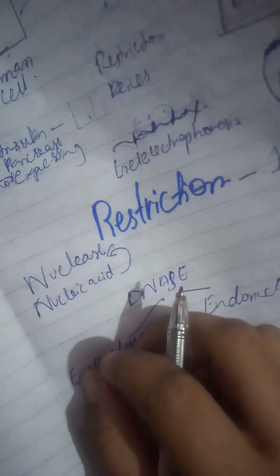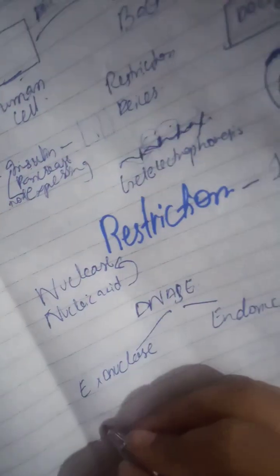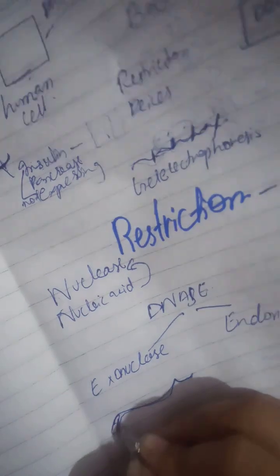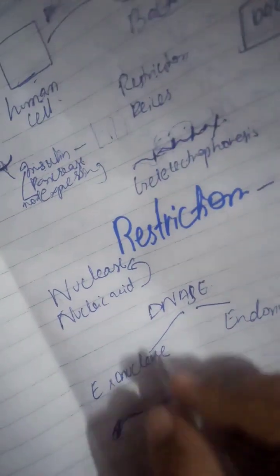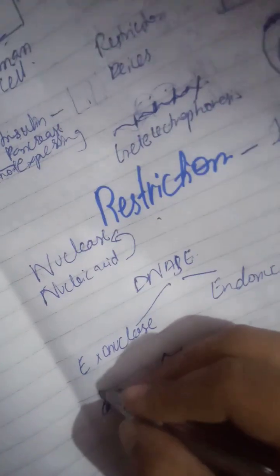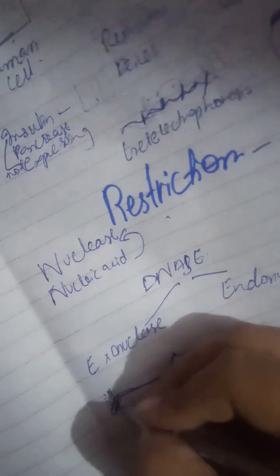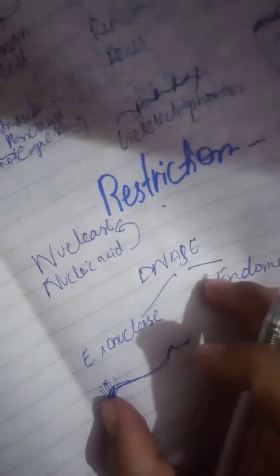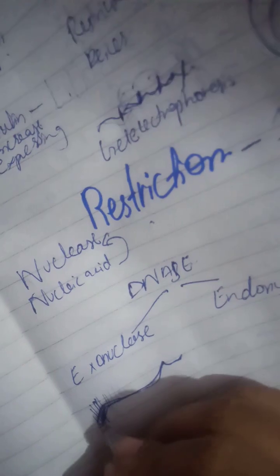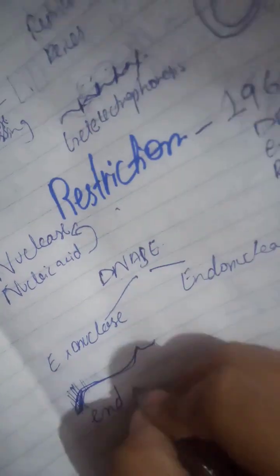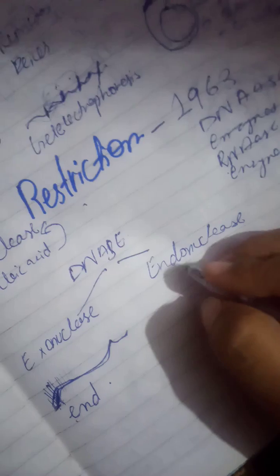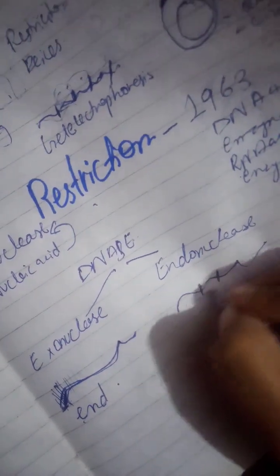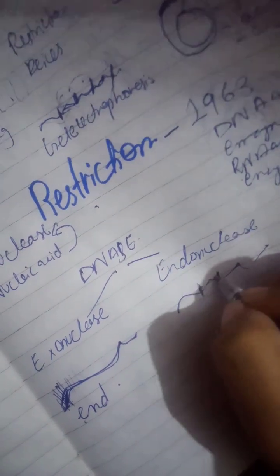In exonuclease, take a gene: the enzyme cuts from the end, starting from one end and cutting as much as needed. In endonuclease, if we need just a specific part, it marks only that part and cuts it into pieces.